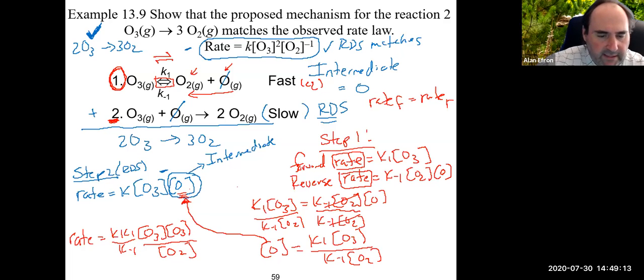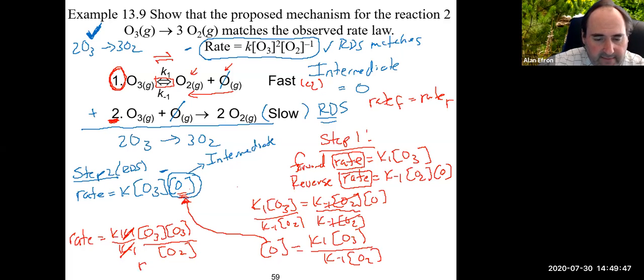And now we have a rate law that contains only stuff in the overall reaction, and we can compare it. We could do a little bit of cleanup on this. All three of these K values are rate constant values, which means they're going to be the same number, so technically speaking, two of them will cancel and you'll be left with just the K. Obviously, O3 times O3 gives us O3 squared.